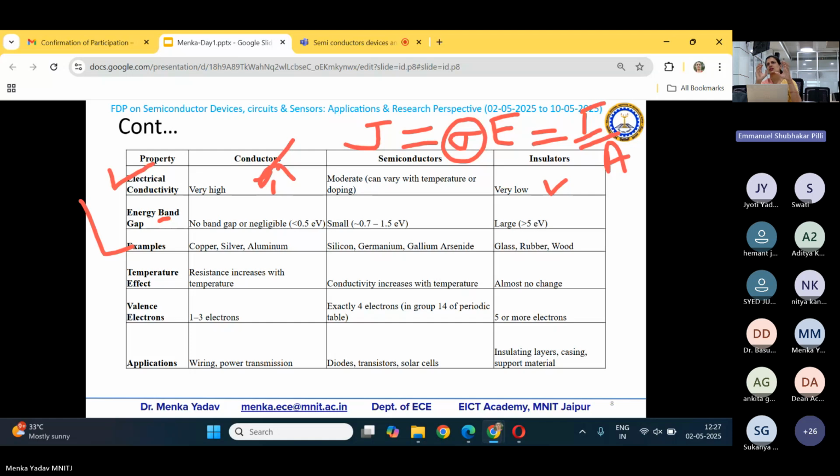So these electrons are going to disturb each other. Instead of supporting the current flow, they are somehow opposing it. So an increase in temperature will increase the resistance and hence decrease the conductivity of conducting materials, conductors.